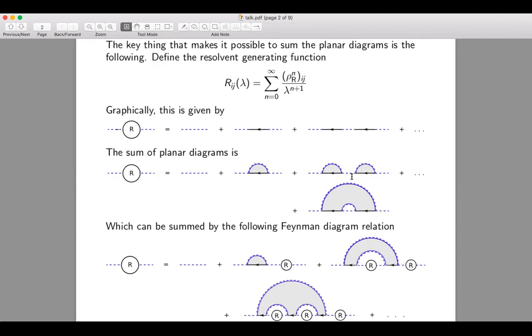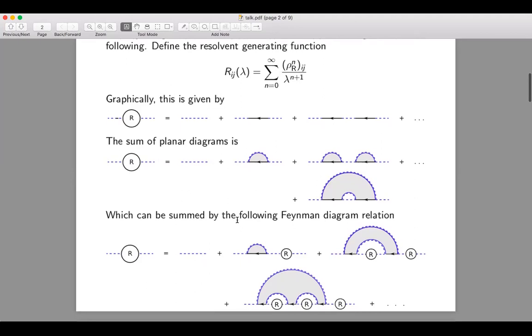And the basic tool is that this sum of planar diagrams can be obtained by a Feynman diagram, like a Schwinger-Dyson equation, that says that the sum of all diagrams on the left-hand side can be represented in terms of the sum of all diagrams on the right-hand side.